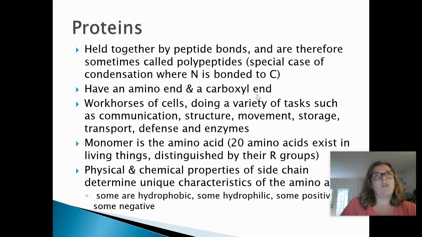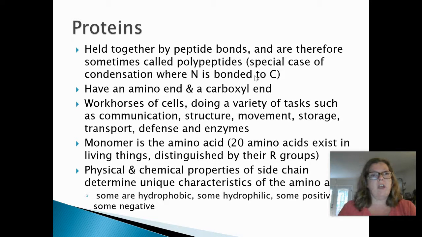These are the workhorses of cells because they do so much. This is the jack of all trades of molecules. They communicate between cells. They can transmit information through communication. They can also serve as receptors of information. They're there for structure. They're there for movement. They can be there for storage, transport.